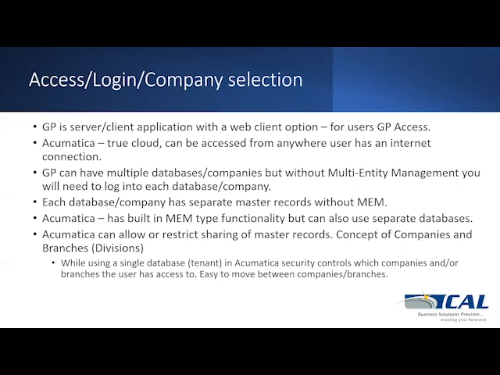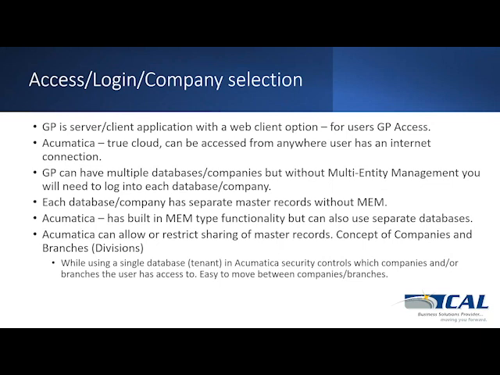But most are able to accomplish what they're looking to do within a single database, using that MEM-type functionality to log in and log out easily between the different companies, versus having to do a hard log out and log in as you would with GP.